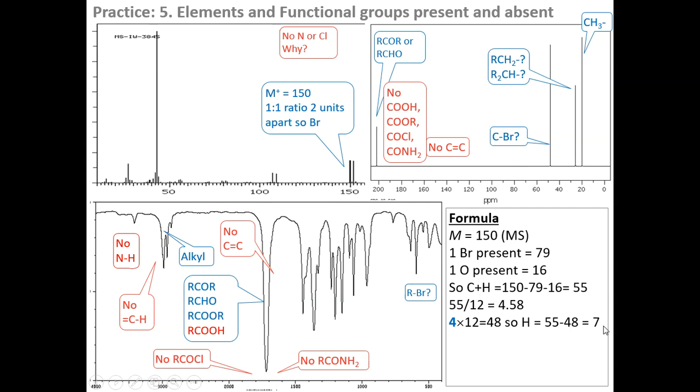And therefore I have 7 hydrogens if I subtract 48 from 55, giving me a formula of C4H7OBr. So Br counts like a hydrogen, so it's in the range of CnH2n, which does match an unsaturation of 1 double bond, which we can see is from the carbonyl.